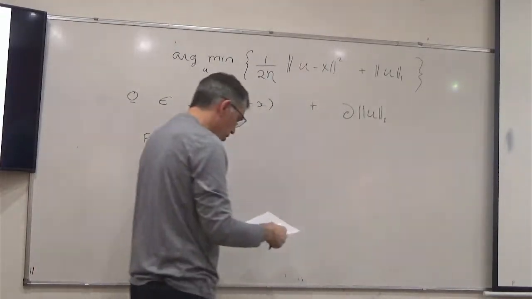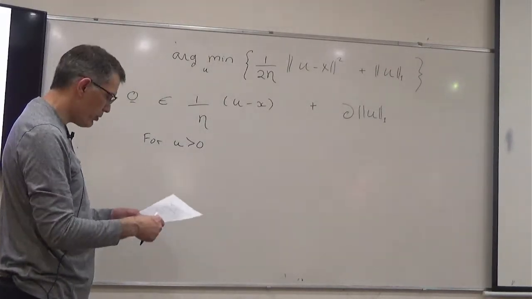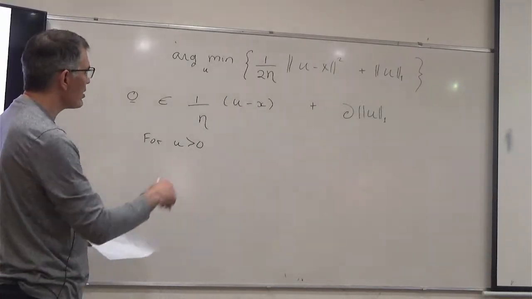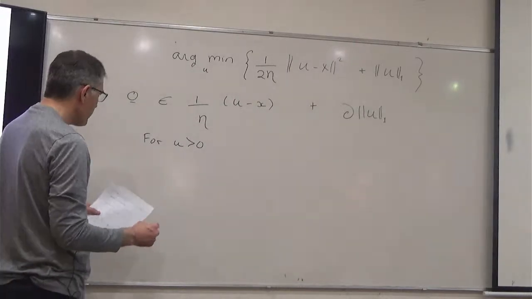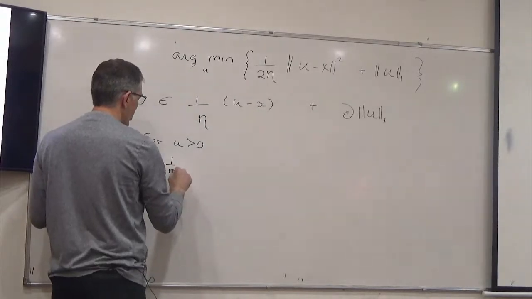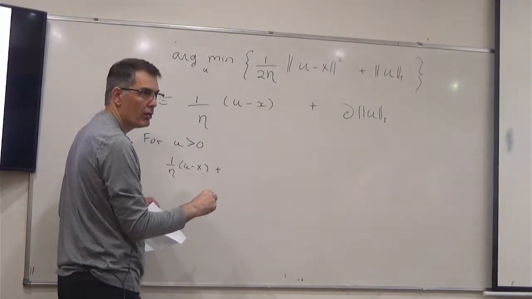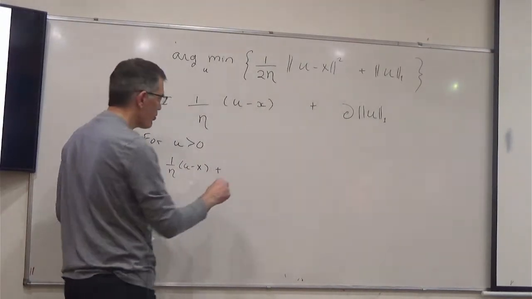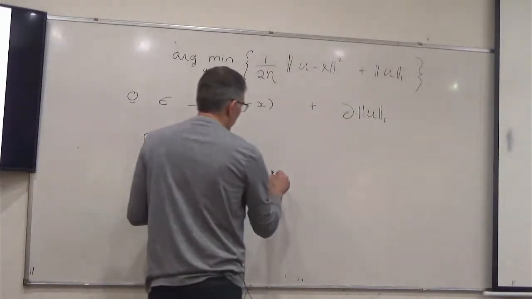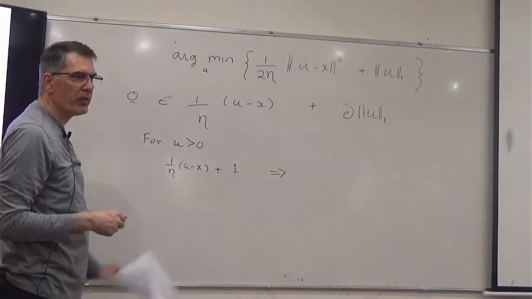So this is going to be well behaved there. The gradient of the one norm of u when u is greater than 0, I guess I'm thinking scalar-wise here, is going to become 1 over eta times u minus x plus 1. Okay, so if I want this to be optimum, then this should be equal to 0.